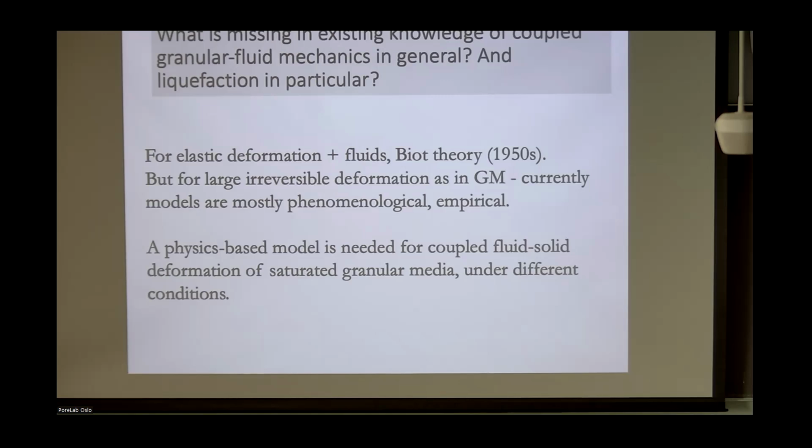So what is missing in existing knowledge of coupled granular fluid mechanics in general if I want to build a physics-based approach to this? There's a formalism that was invented 70 years ago by Biot, and probably most of you know this formalism, and it holds for porous material plus fluids, but only for elastic porous material.